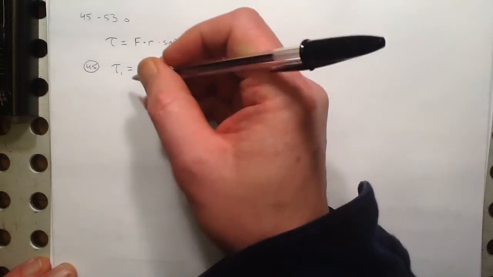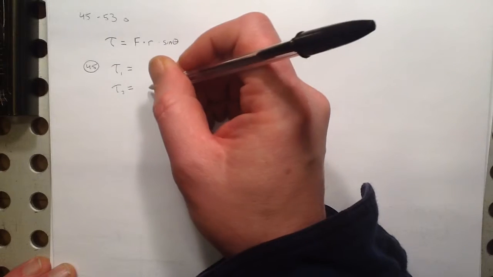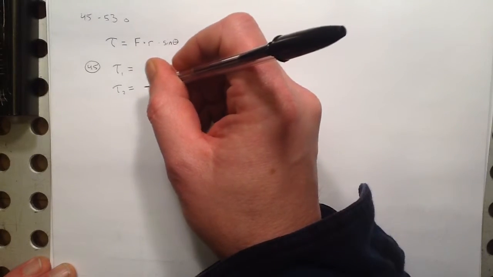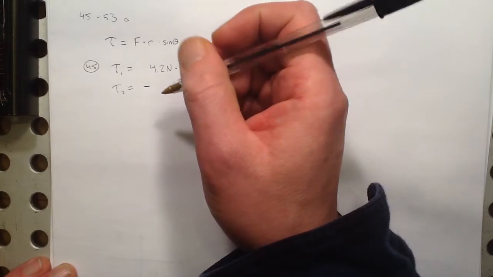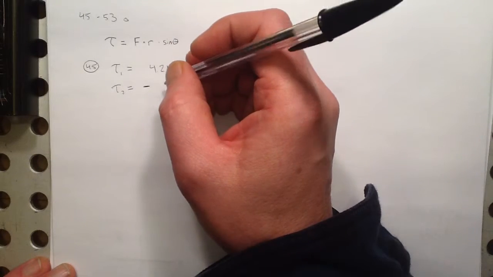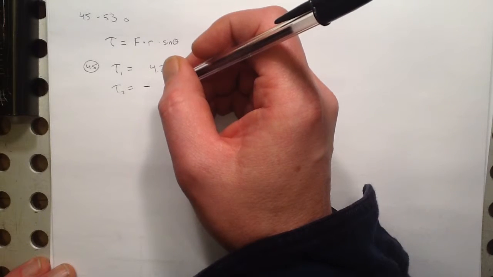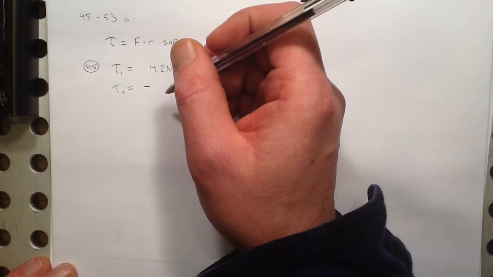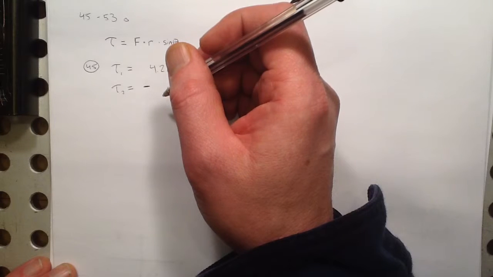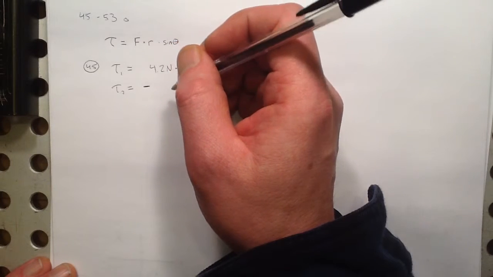That's positive torque. I'll calculate that in a second. Torque 2 is trying to make it rotate in the opposite direction, which I will call the negative direction. So it's going to be a negative torque. It's going the other way. And I think that's something you can just do by looking. You can just tell what direction they're going to rotate, right? If you just imagine force 1 all by itself, or force 2 all by itself.